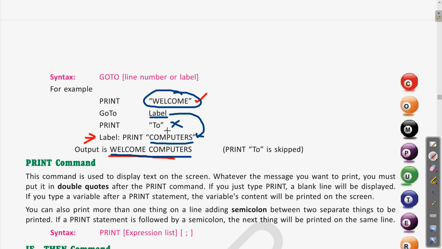This way you can see how we can use goto. Clear? Here we have used a label. Whatever the label is, we have to write the same label with the statement. So this is the use of a label and the goto command. I hope this is clear. This was the syntax and this is the output, and whenever we use goto, whatever statements are in between in the program execution will be skipped.